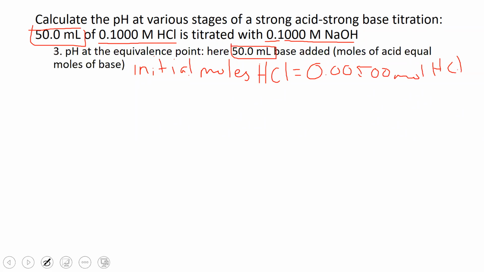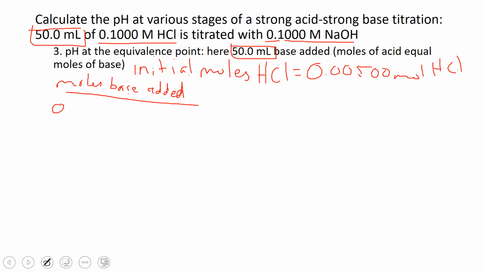Then, just to be sure that we're at the equivalence point, we want to see the moles of base added. The calculation is pretty simple. We take the volume times the concentration of the base added.